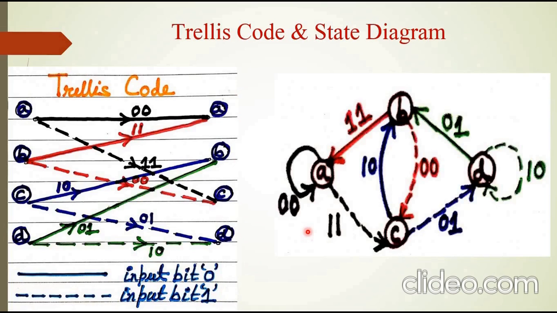So let us start with A. For state A, if the input is 0, the next state will be A and the line should be solid.